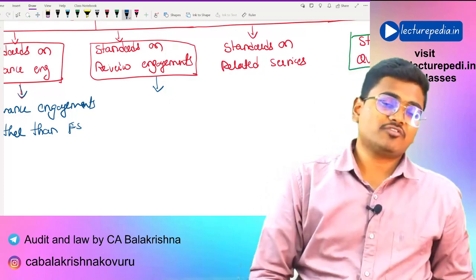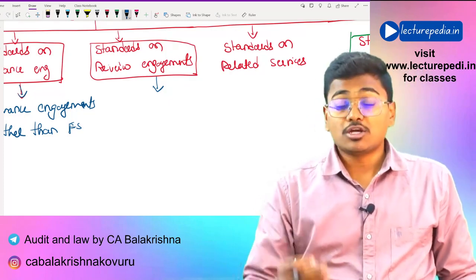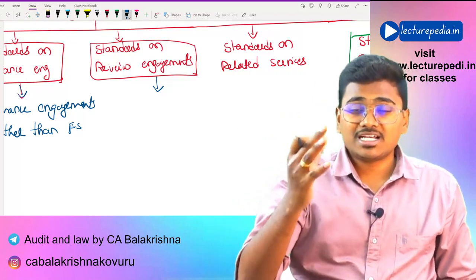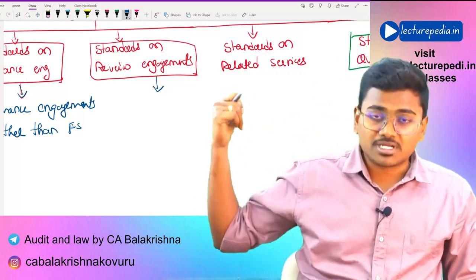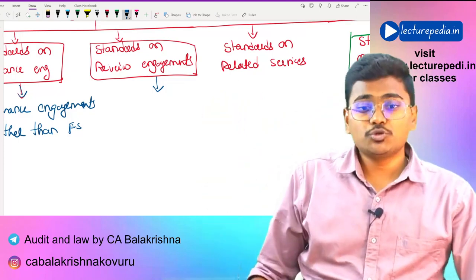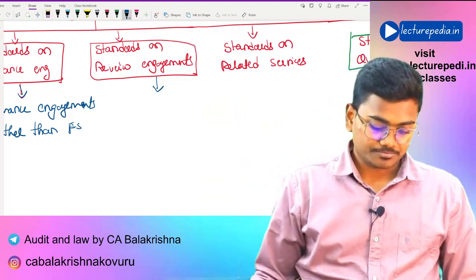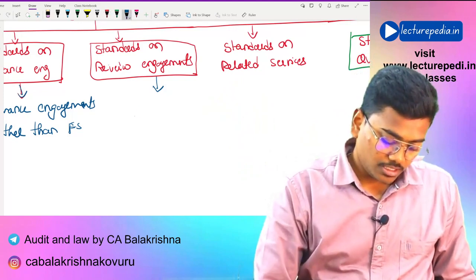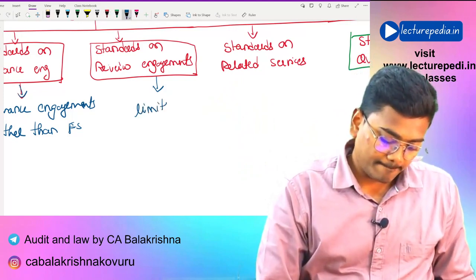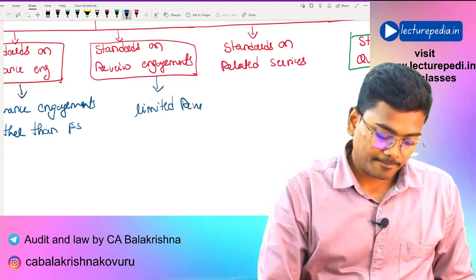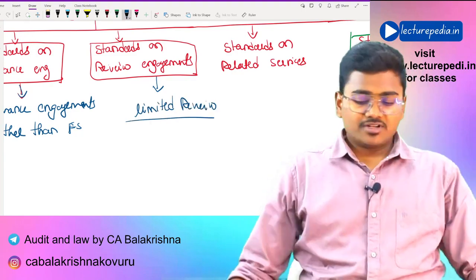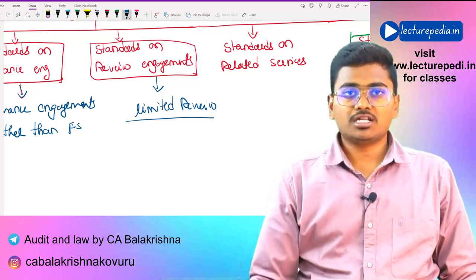You will find this requirement in the case of listed entities. While conducting this limited review, the auditor has to conduct it as per standards on review engagements. Here you can write limited review. Now, what is the difference between this limited review and a normal audit?